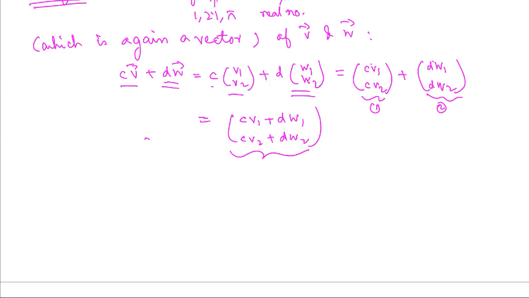So, for example, we can think of these vectors as two-dimensional representations of some vectors on the plane. And we will pick up two examples and explain this.